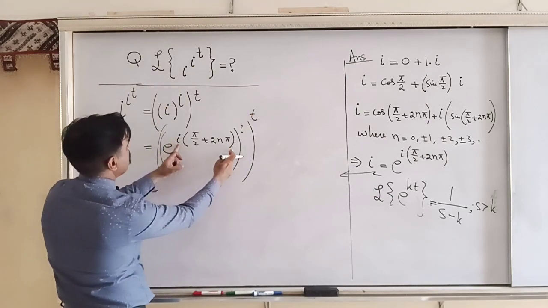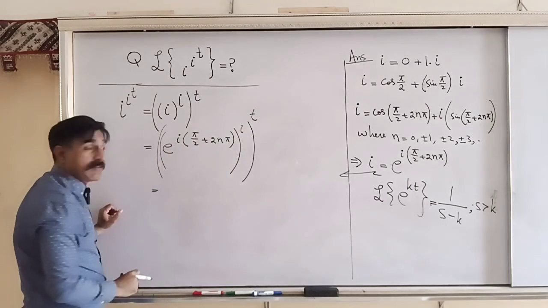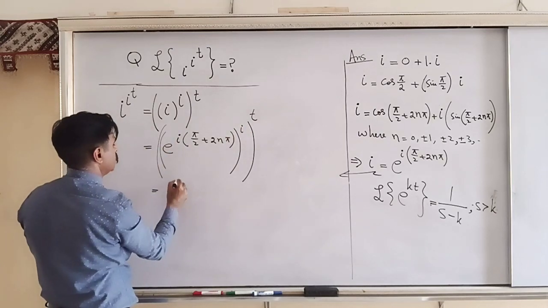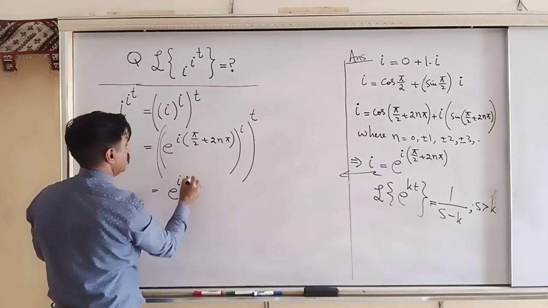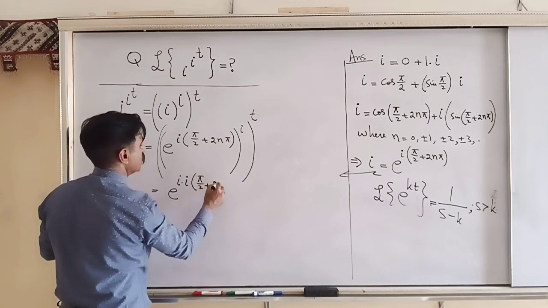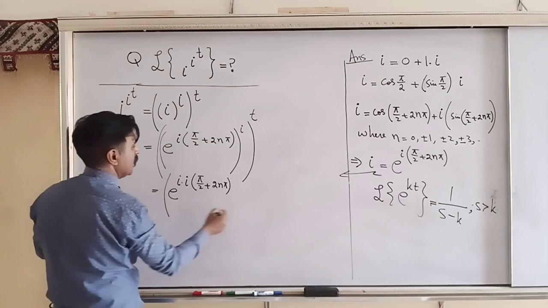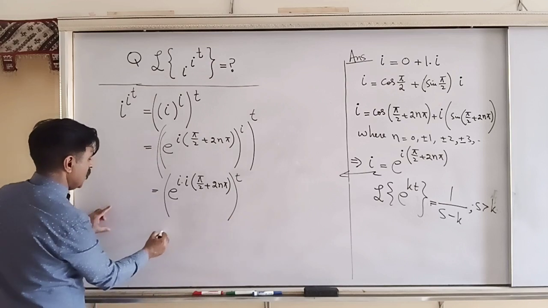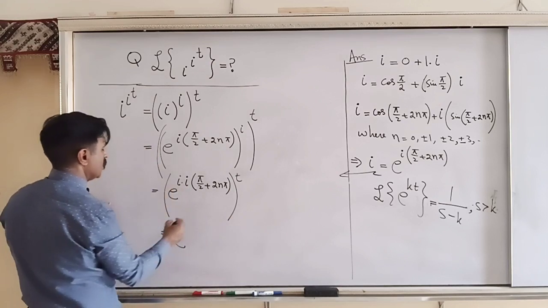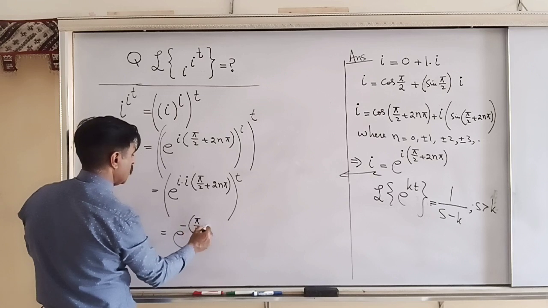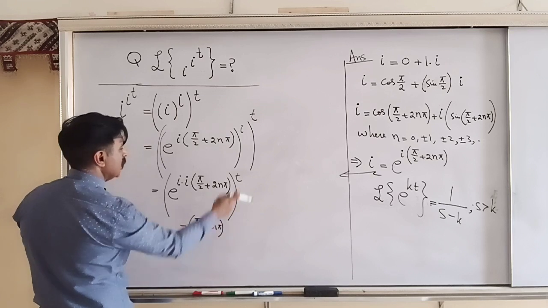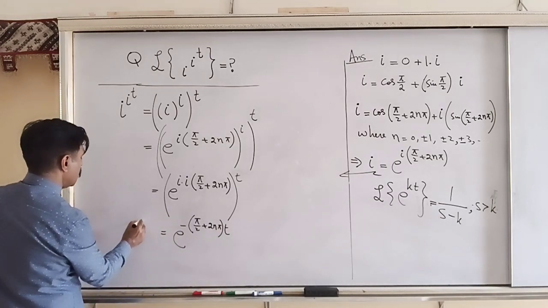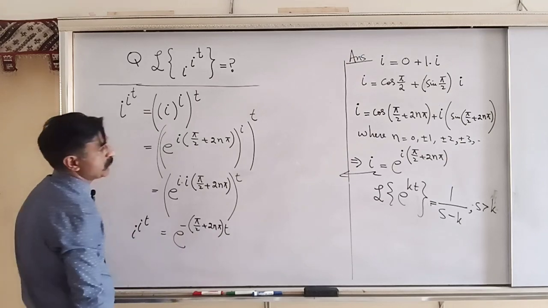Now exponent multiplies with the exponent, right? So multiply these two exponents, you have iota into iota times pi by 2 plus 2n pi, and then the exponent t. This is e to the power iota square, that is minus, pi by 2 plus 2n pi, and this exponent will also be multiplied with t. So iota exponent t is equal to this exponential function.